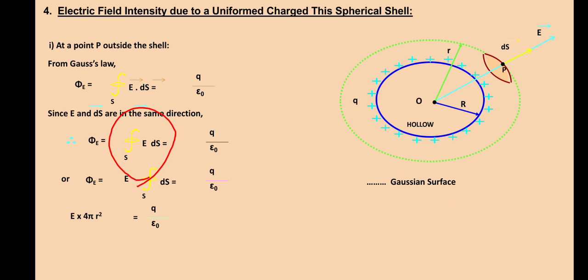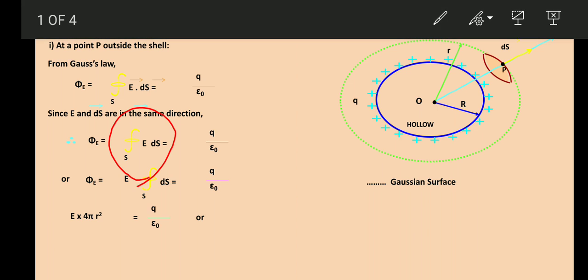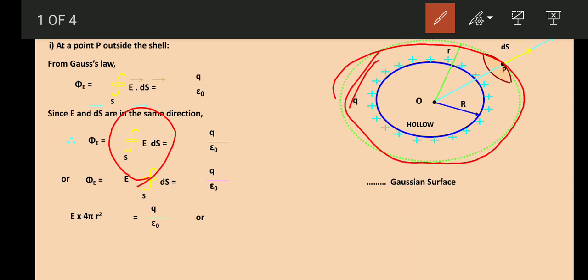I am considering the Gaussian surface, correct? I am doing the integration on the Gaussian surface, so I have to calculate the total area of the Gaussian surface. The radius of the Gaussian surface is small r. So the area of this Gaussian surface will be 4 pi r square, small r square.